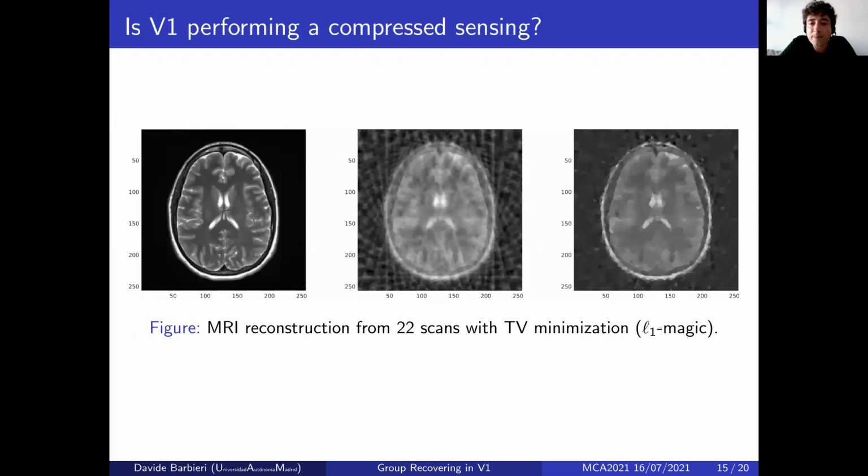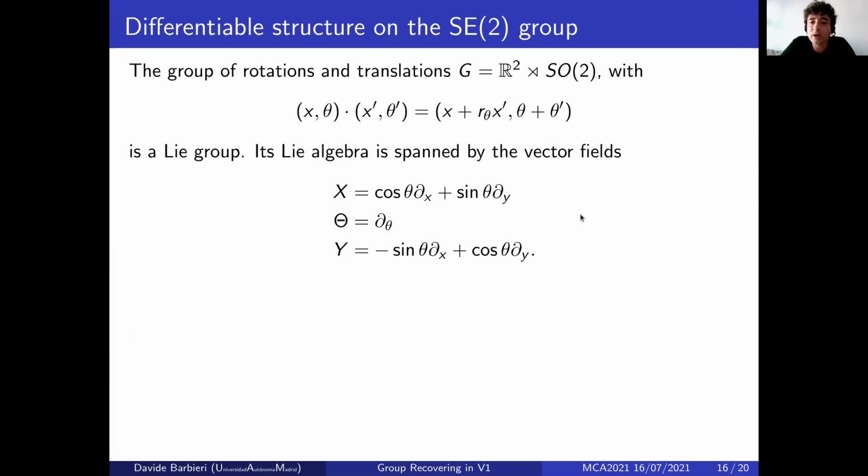In order to mimic a total variation functional, you have to have an idea of what differentiation is in the group. Differentiation on this Lie group is defined intrinsically in terms of the vector fields of the Lie algebra.